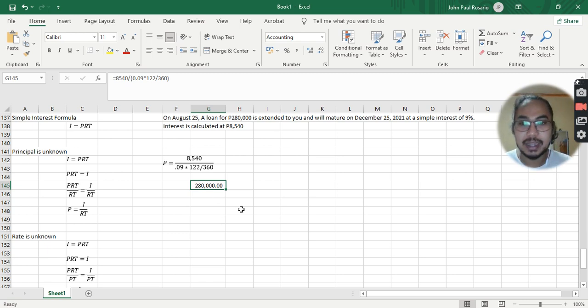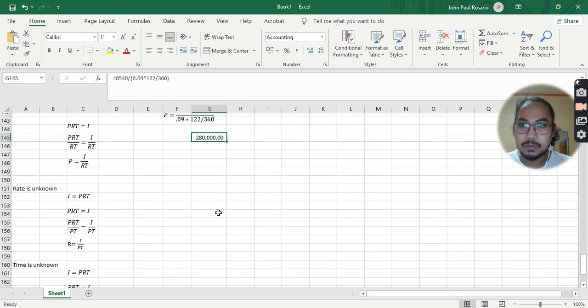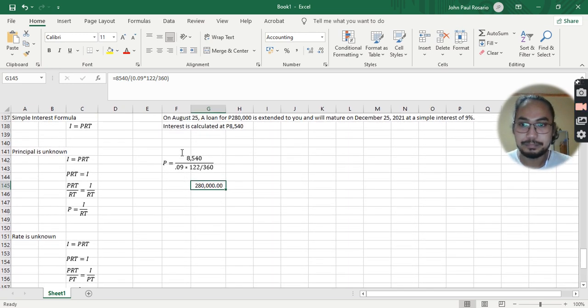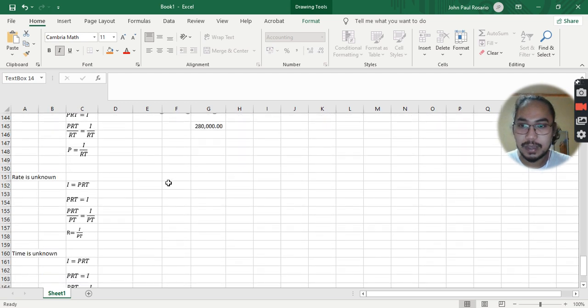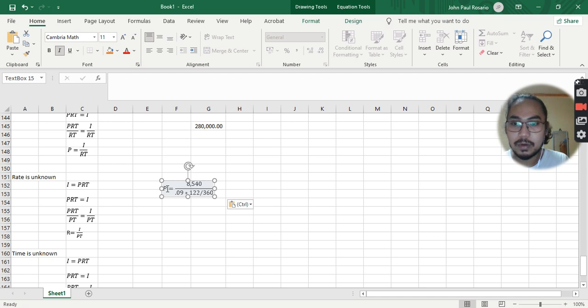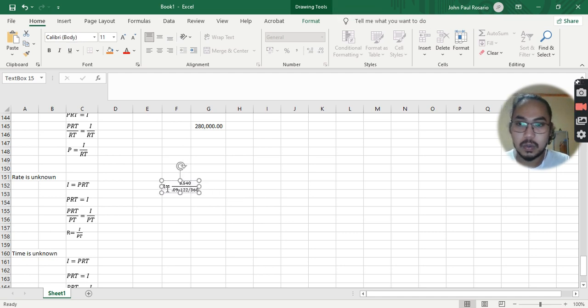So what if the rate is unknown? Using this formula, R is equal to I over PT. So R is unknown.